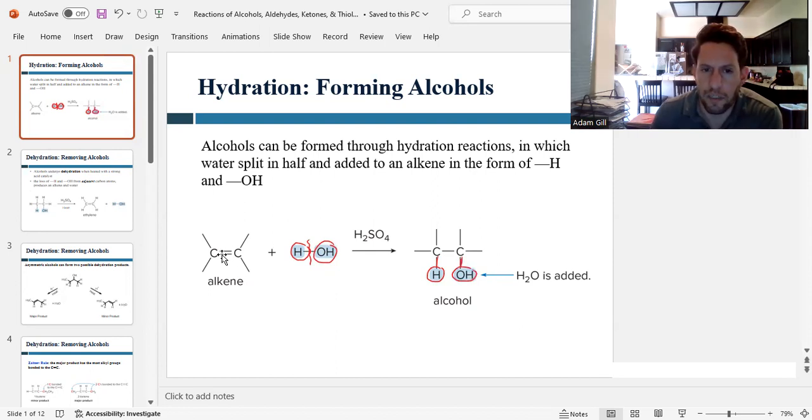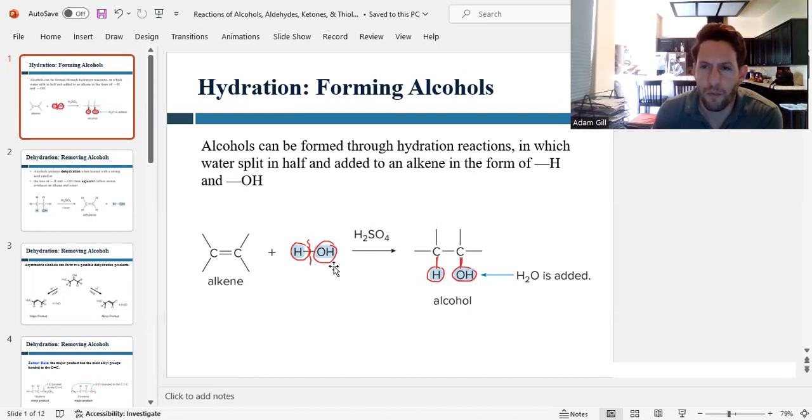And where the double bond used to be is now a single bond. We have now formed an alcohol because we have an OH group attached to the molecule. So we turn an alkene into an alcohol using hydration, adding water.